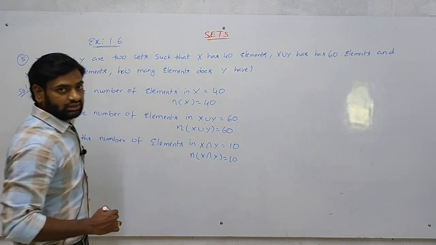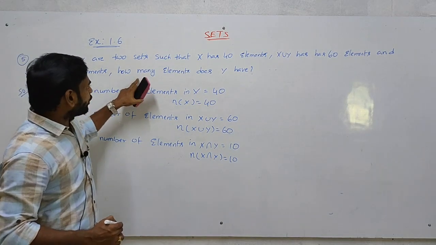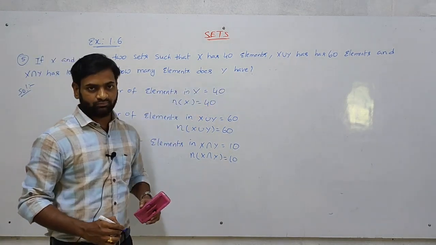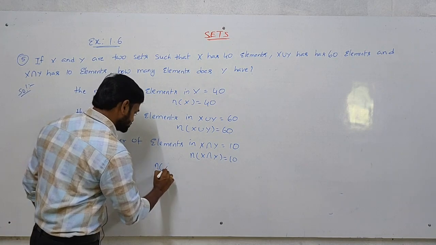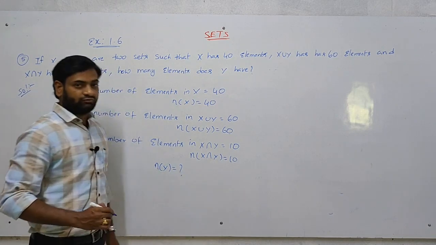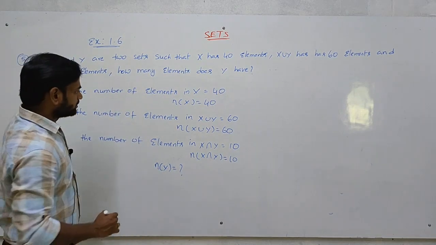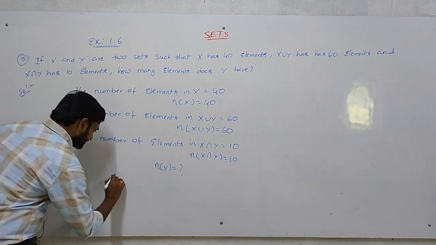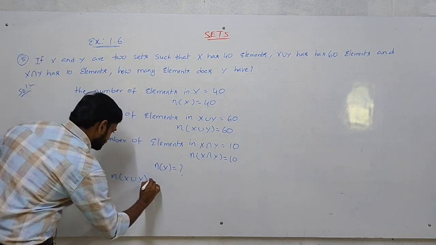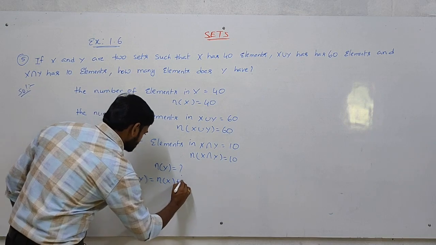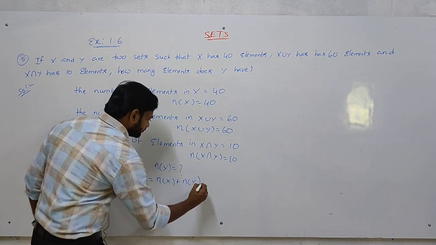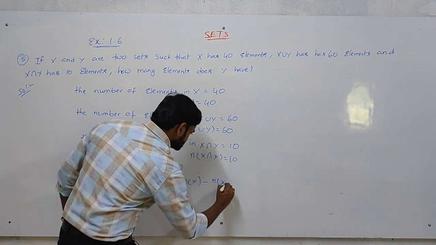And finally, what we have to find: how many elements does Y have? That is n of Y is how much? In Y, how many elements are there? So I am taking the formula n of X union Y is equal to n of X plus n of Y minus n of X intersection Y.